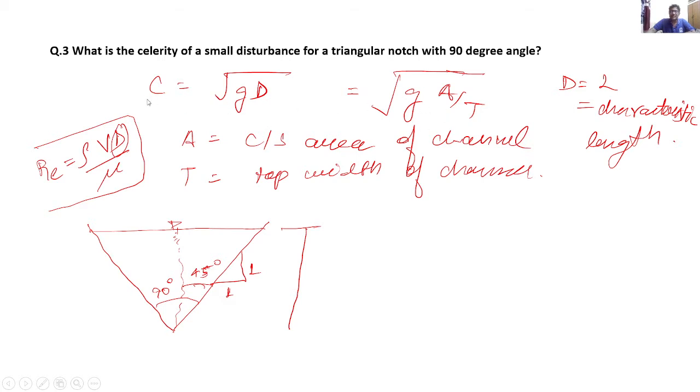C is supposed to be in meter per second, and if you do square root of G D square, that would be meter per second square times meter square. So it would be m to the power 3 by 2 per second. It doesn't make any sense according to the dimensions, right? So the option given was wrong in that assignment.